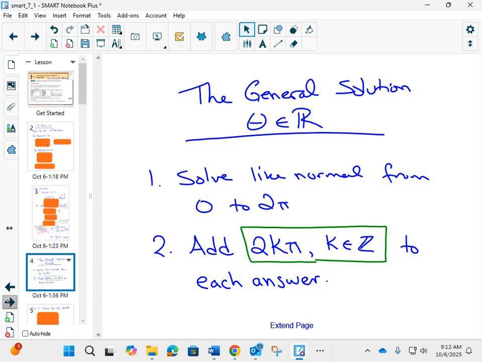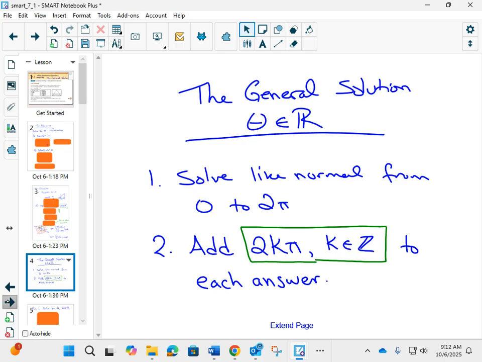And then for every solution you get between 0 and 2 pi, you just have to say every single thing that's coterminal with it. So adding 2k pi, where k is an element of the integers, is our way of finding everything coterminal with that answer. And doing those two things combined will tell you the general solution for every single answer that works.